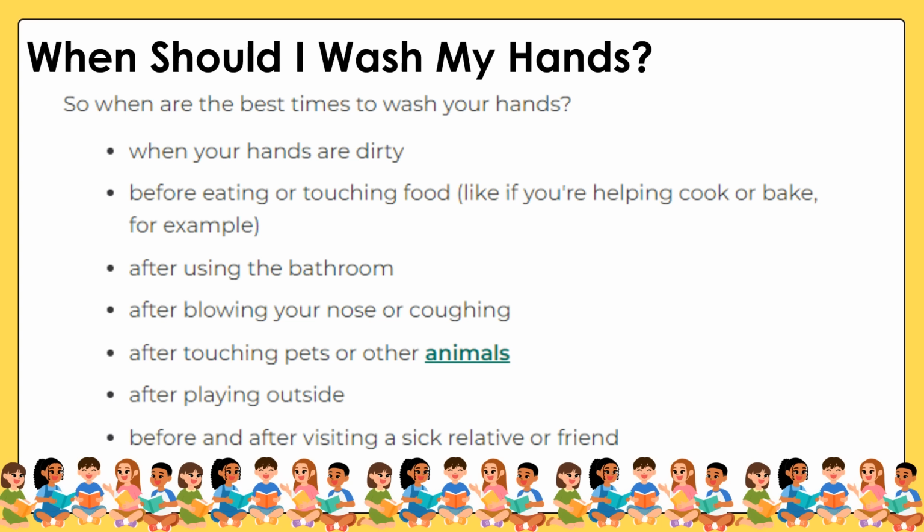Third, after using the bathroom. Fourth, after blowing your nose or coughing. Fifth, after touching pets or other animals. Sixth, after playing outside. Seventh, before and after visiting a sick relative or friend.